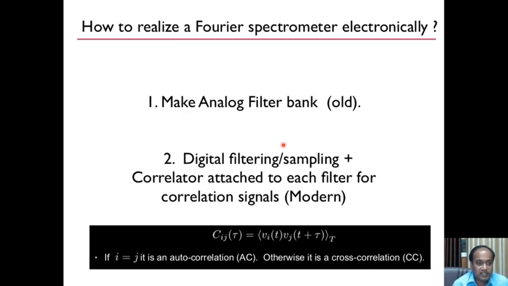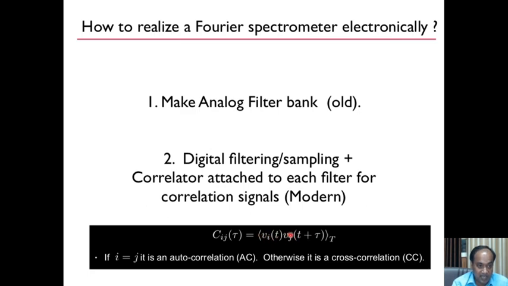There is digital filtering and sampling, and then you can attach a correlator to each filter for correlation of the signal. So if you are a radio engineer or an electronics engineer, what you have to look at is the correlation function. If you have a voltage series, which is a time series, coming from, let's say, two different devices, in this case two different antennas, and you multiply, you basically correlate them with a time lag.